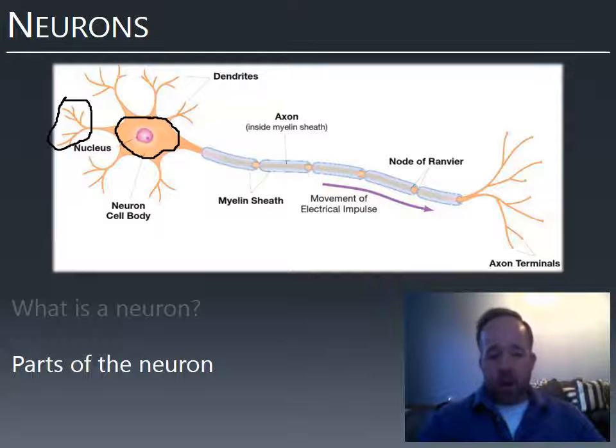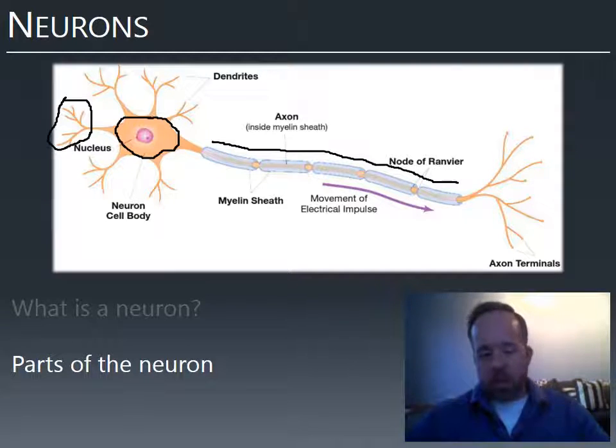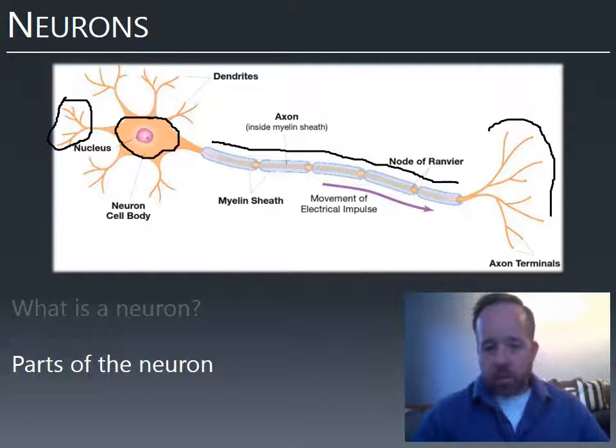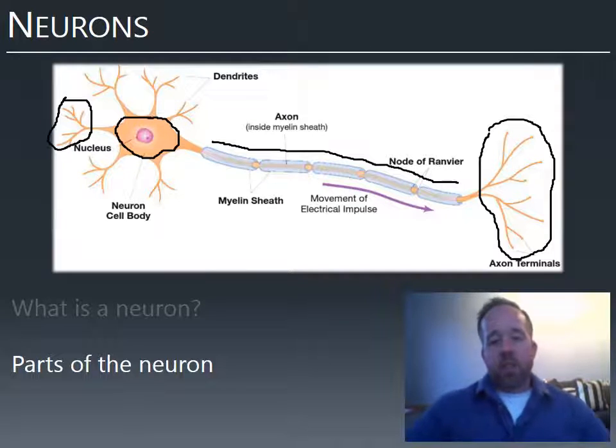Next, we have the axon, which is this long, spindly projection coming off of the cell body. And neurons only have one of these for our purposes. And then finally, at the end of the axon, we have what are called axon terminals, also called synaptic boutons, but we'll just call them axon terminals here. This is where information goes out.